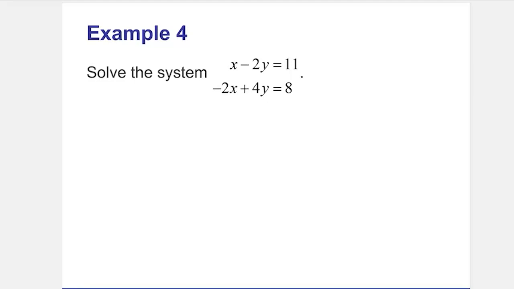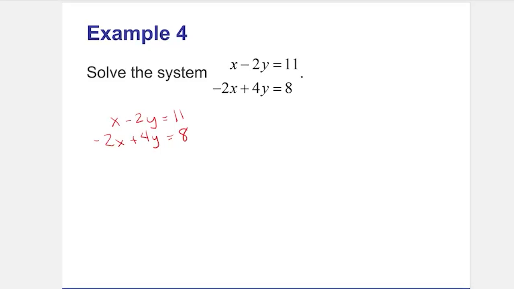I wouldn't say better, but it always works where substitution doesn't always work as easily. So let's begin. X minus 2y equals 11, and minus 2x plus 4y equals 8.